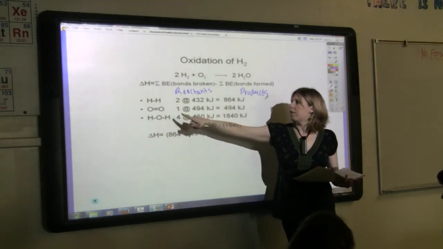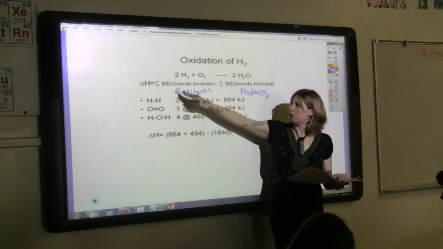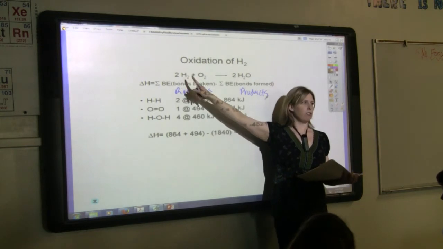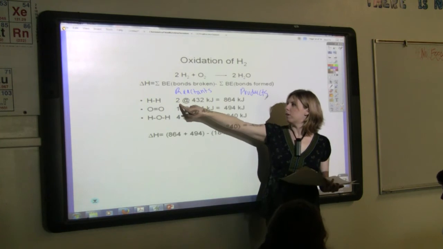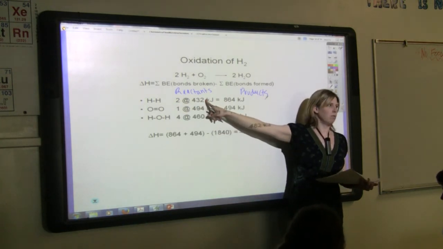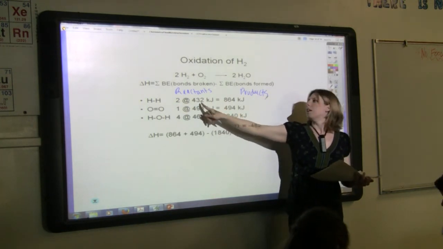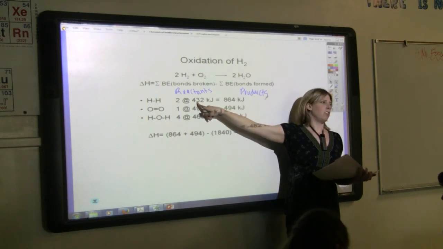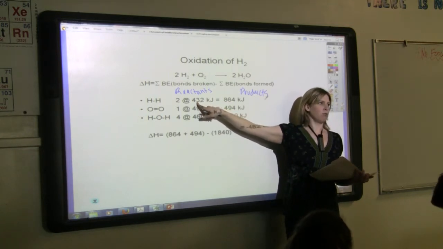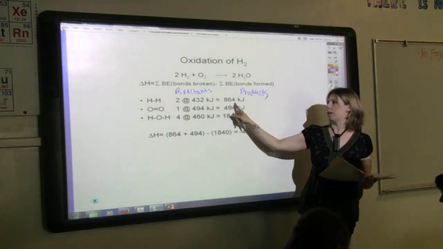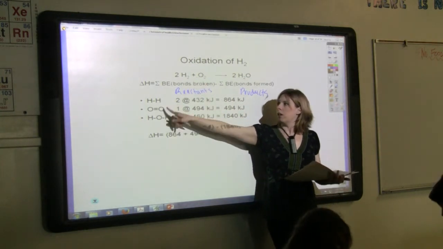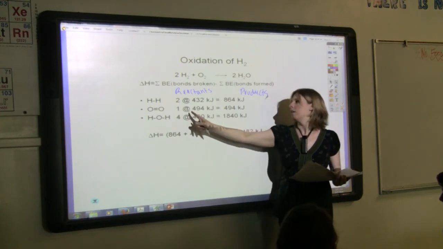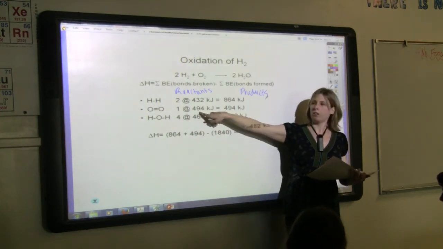So in this case, if I drew them out, I have two H2s. So that's an H2, I have two of them, and according to the table, which you guys will be given, each H to H bond is 432 kilojoules. So that would equal 864. We have one O to O double bond at 494 kilojoules.